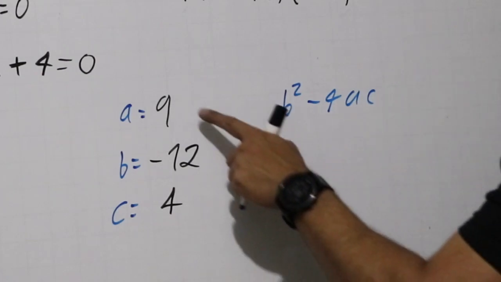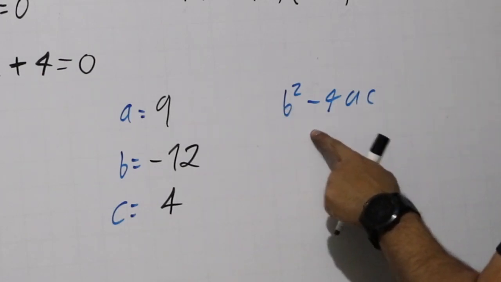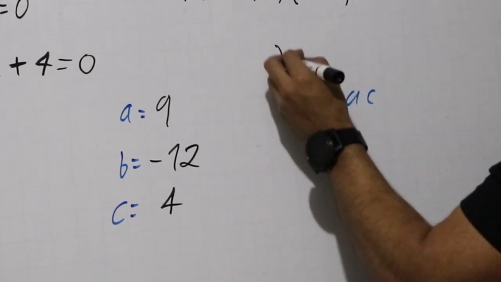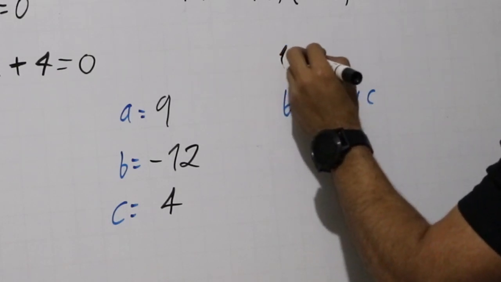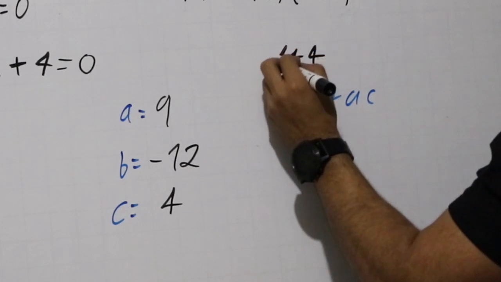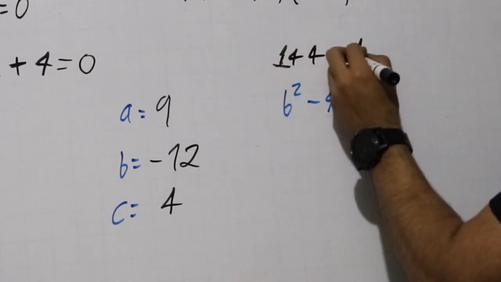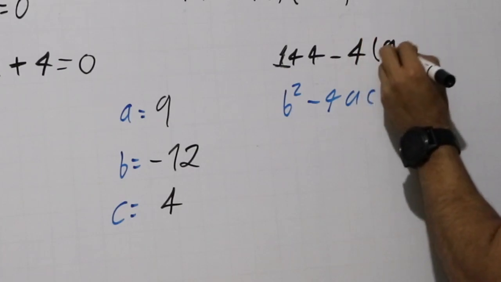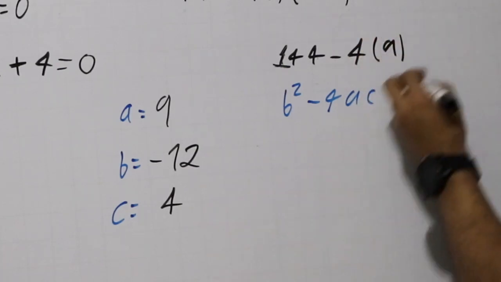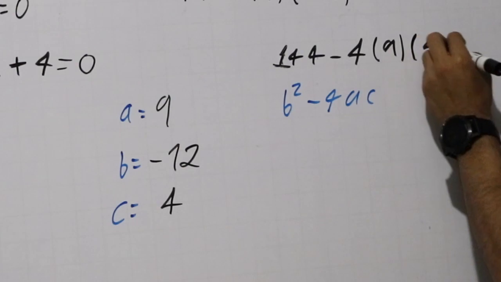So in this case we have b squared, that would be 144, minus 4 times a, that's 9, and c, that's 4.